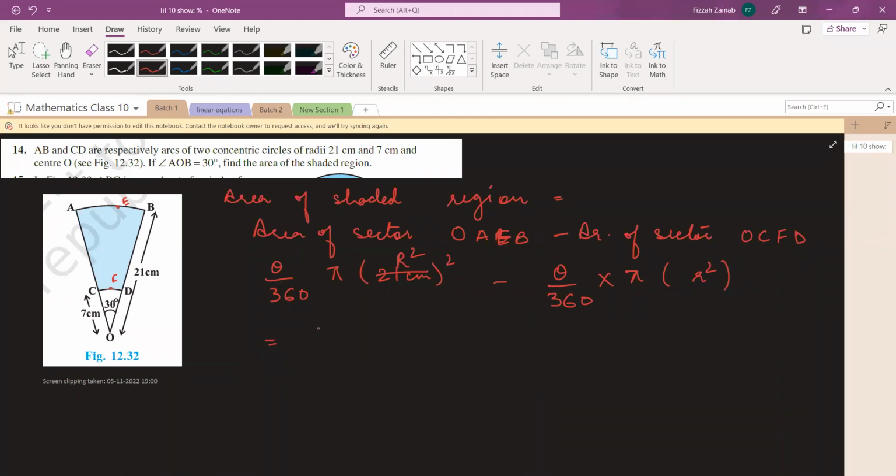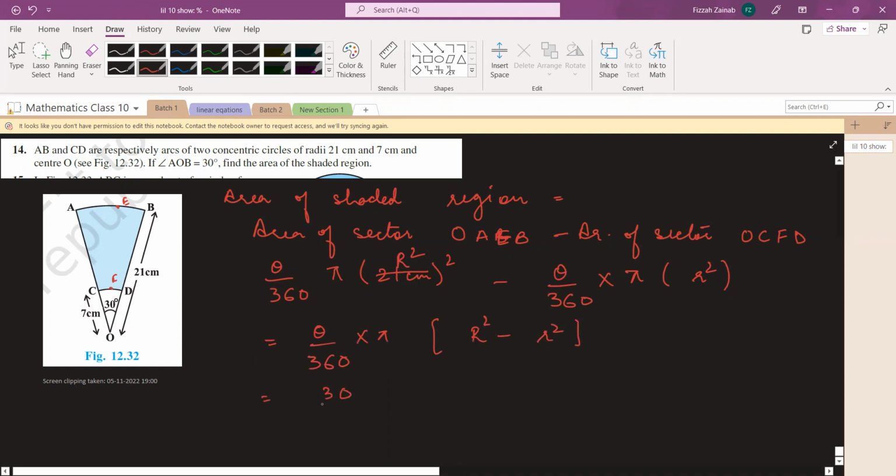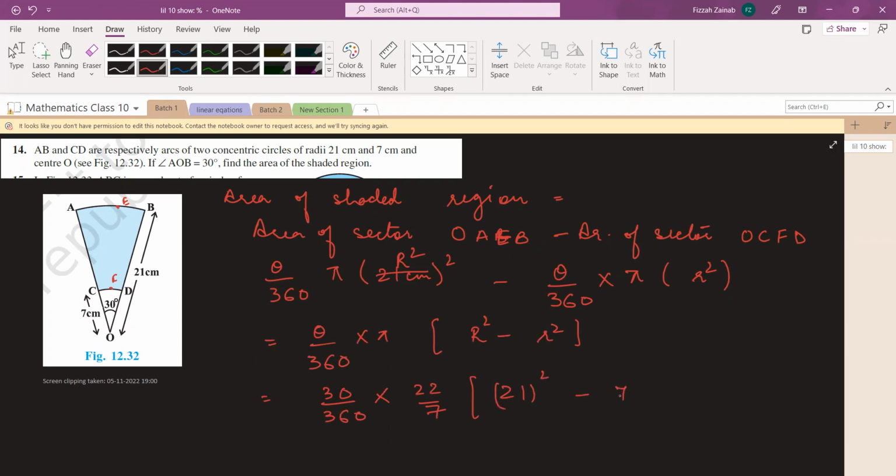So theta by 360 into pi, I can take outside, so it will be R square minus r square. Theta is 30 divided by 360, pi will be 22 by 7, and capital R is 21 whole square minus 7 whole square, and then centimeter square I can write outside. See, for examination purposes, I think this is a good question.